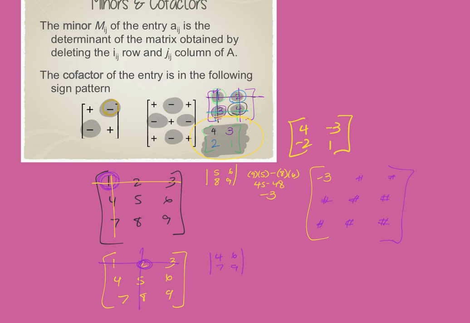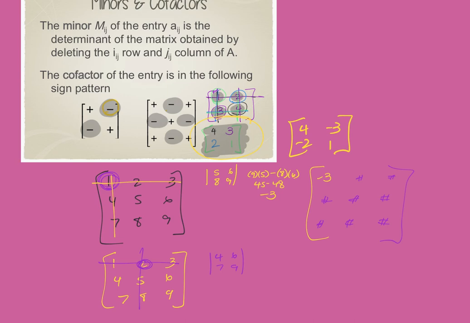For the minor, for like the 2 by 2, aren't you just switching your diagonal? Not always. It depends on the numbers. Oh, you mean when you do the minors where you cross them out? Yes.